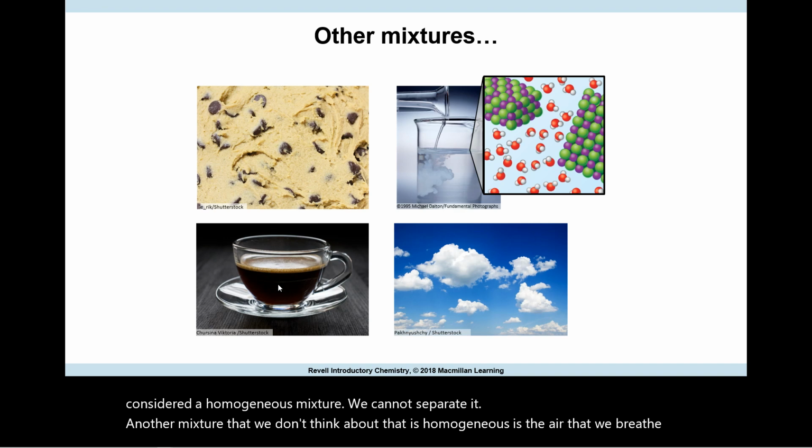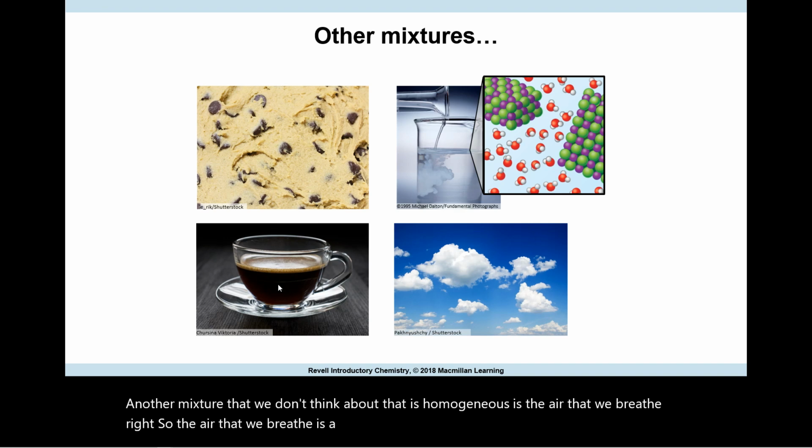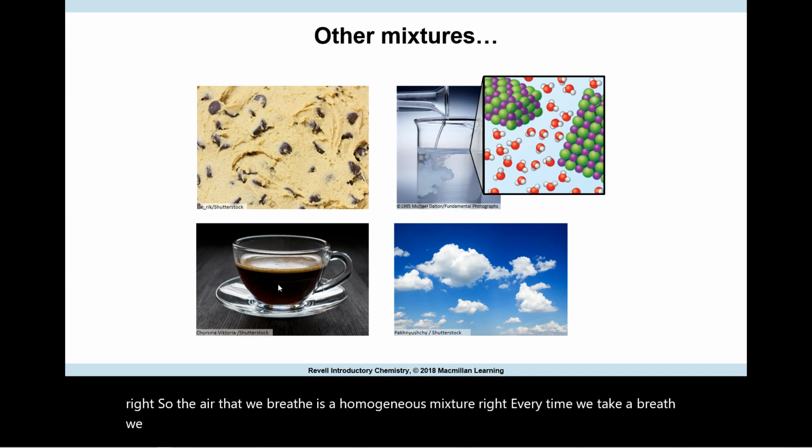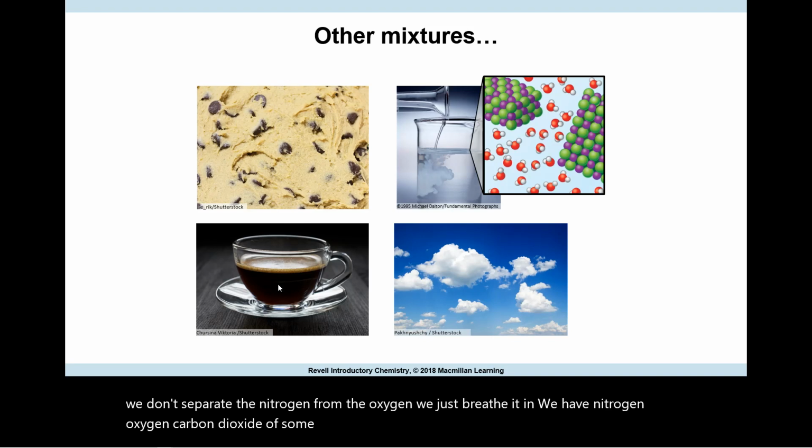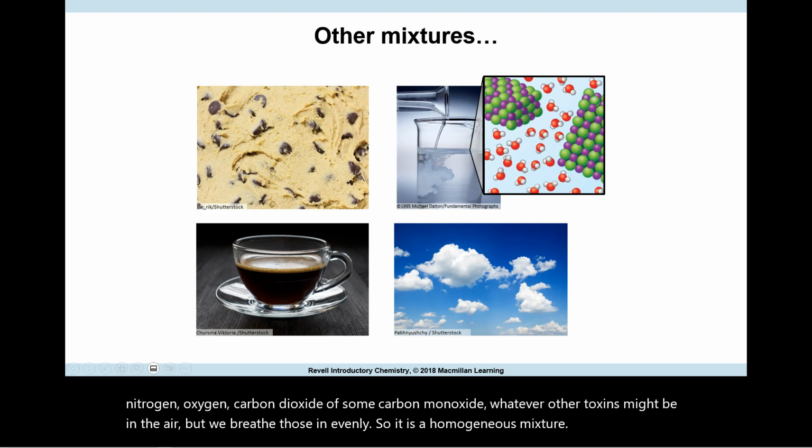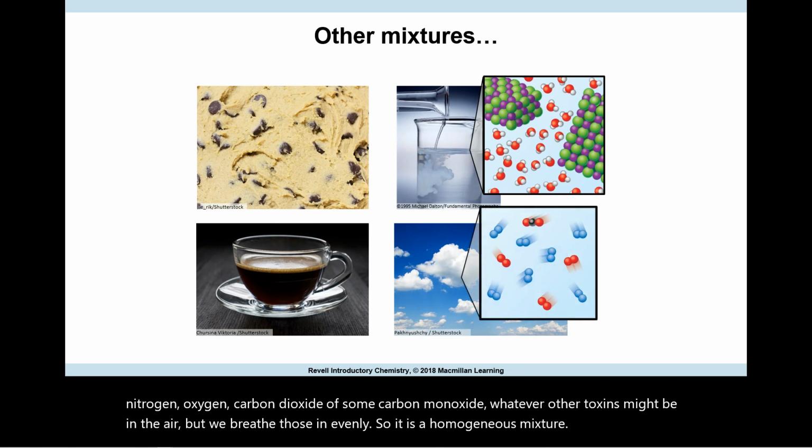So the air that we breathe is a homogeneous mixture. Every time we take a breath, we don't separate the nitrogen from the oxygen. We just breathe it in. We have nitrogen, oxygen, carbon dioxide, or some carbon monoxide, whatever other toxins might be in the air. But we breathe those in evenly. So it is a homogeneous mixture.